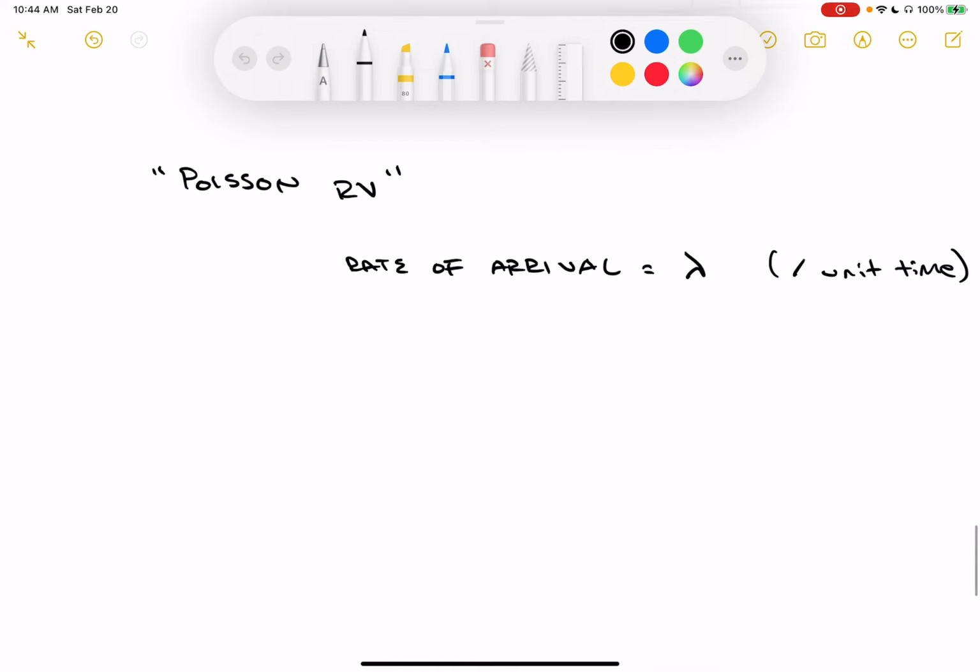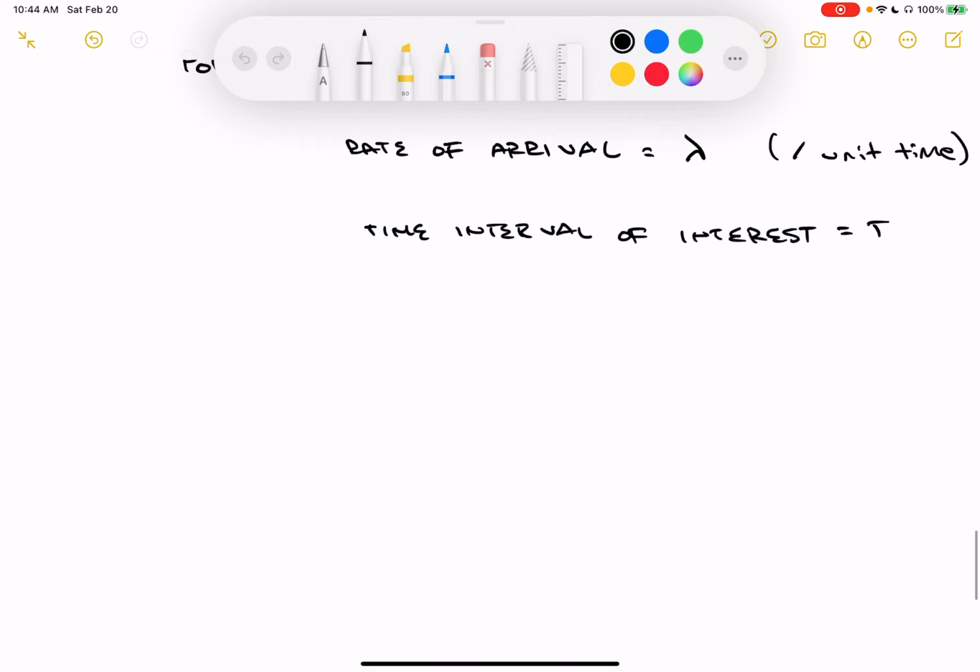And then we're going to have a time interval of interest, and that could change. Sometimes we might be interested in minutes or seconds or hours, so we're going to let that time interval of interest be some t, in whatever units of time we're talking about.